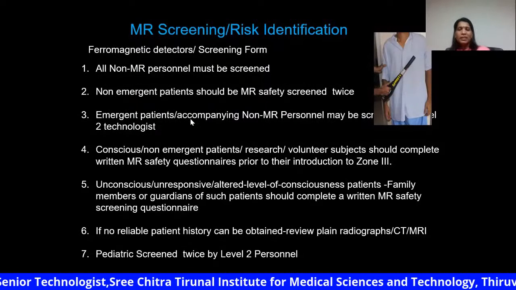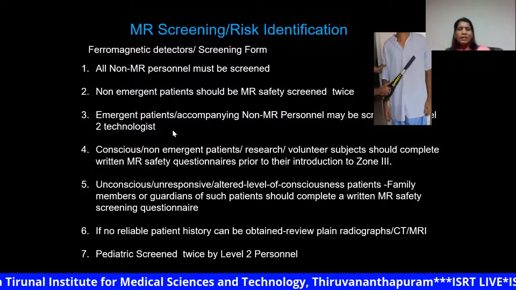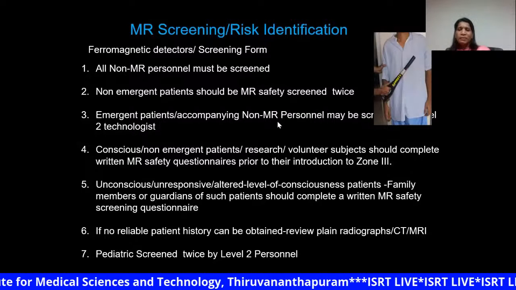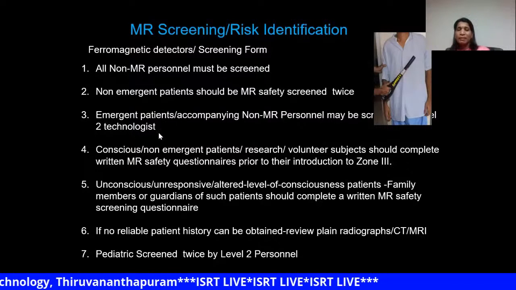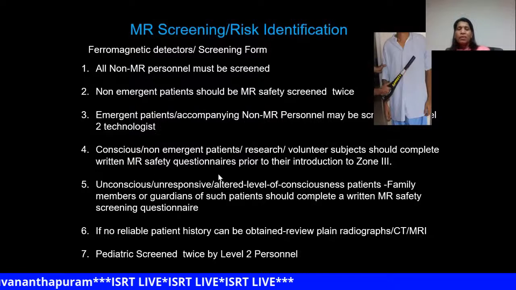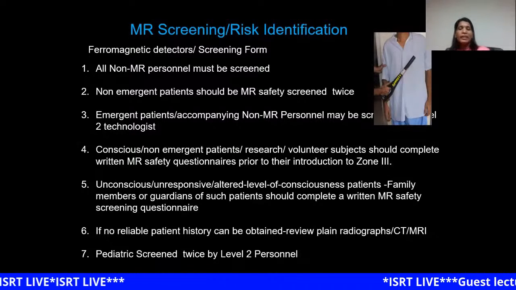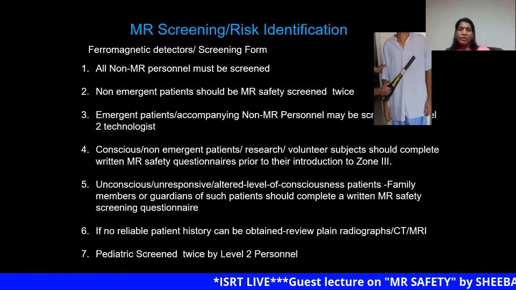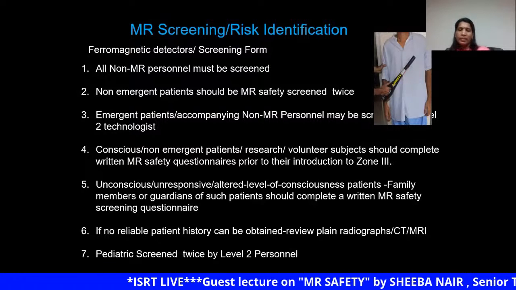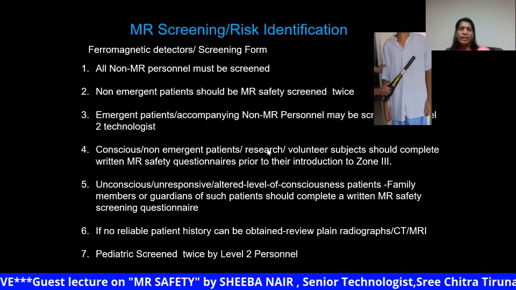An emergent patient can be screened only once, but this should be done by a level 2 trained MR technologist. And all conscious patients should fill the MR safety questionnaire. They have to do it themselves.